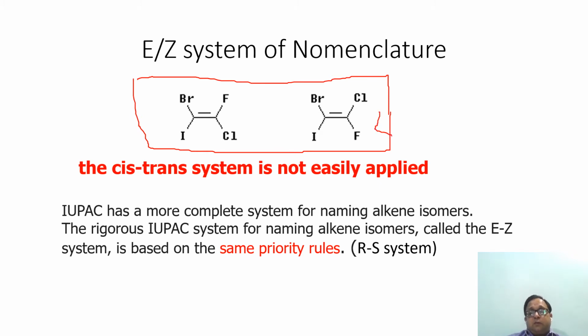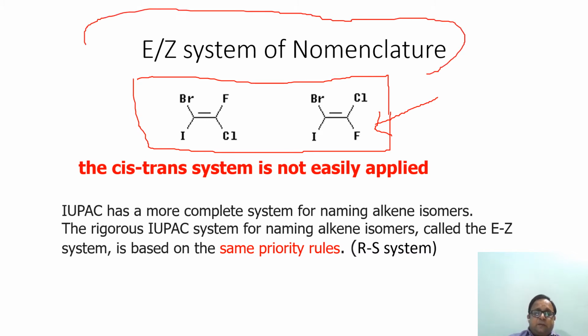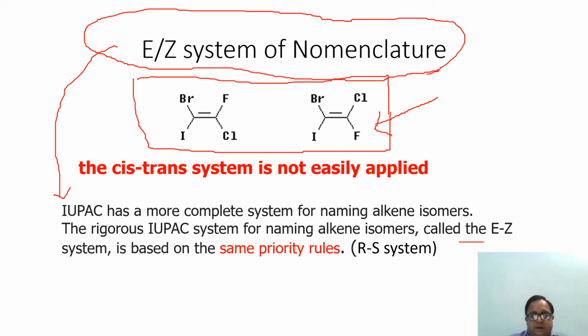So to overcome these types of problems, the EZ system of nomenclature came into existence. This is also known as the IUPAC system of cis-trans isomerism, and it is totally based on the priority rule, as you must have read in optical isomerism, where it is called the RS system.